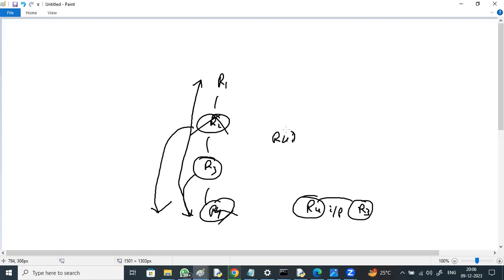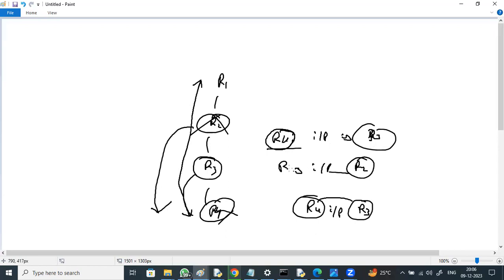If you want to compute a particular RDD, first it checks where it has to get its input, R3. If R3 is available, okay. If R3 is not available, R3's input is R2. If R2 is available, R2 to R3, R3 to R4 computes. If R2 is also not available, R2's input is R1.